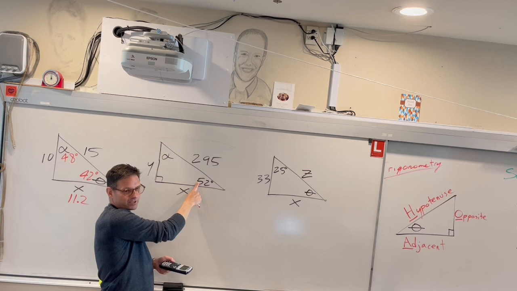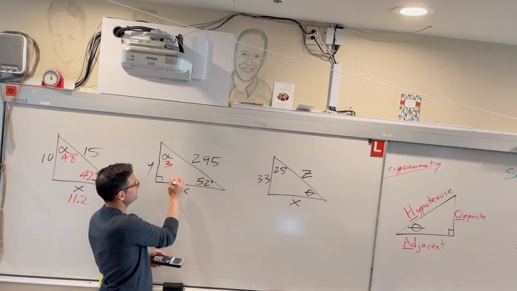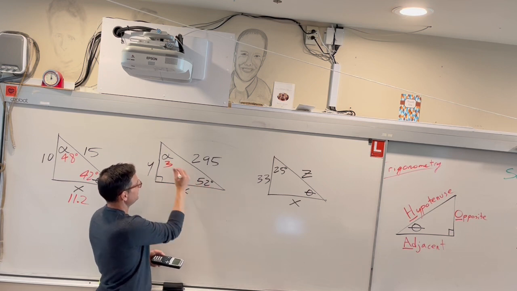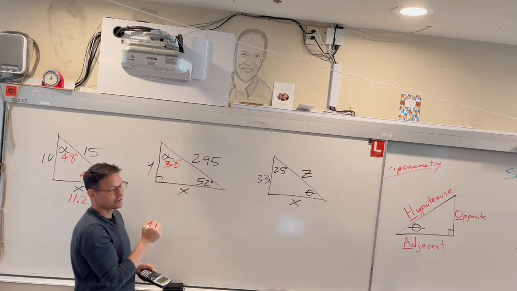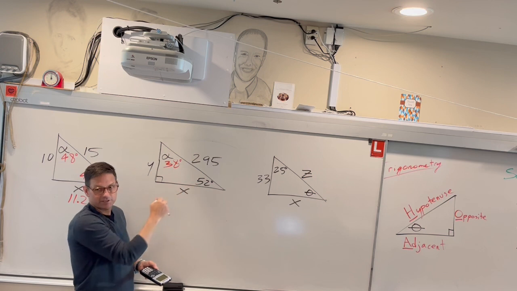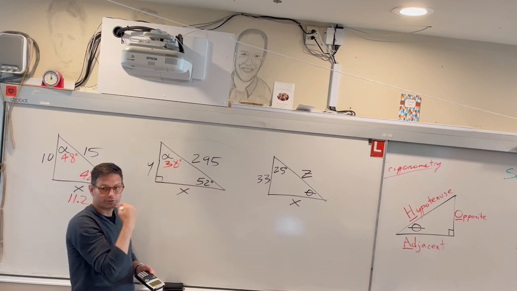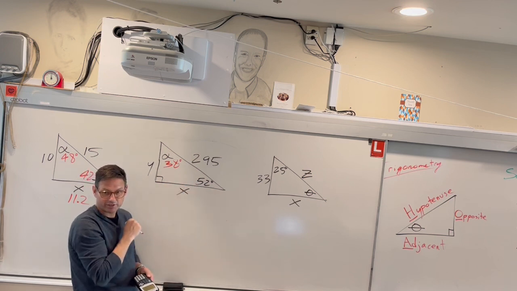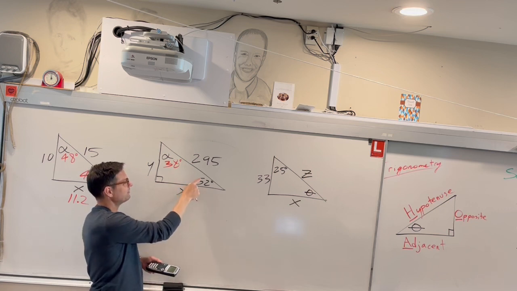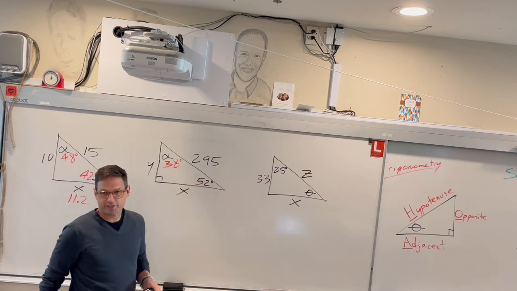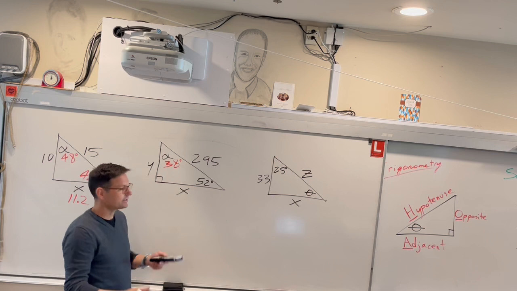So 5 plus what is 8? 3. So this is going to be 30. And then these two have to add to 10, so this is going to be 38, because those two add up to 90, which means all three add up to 180. So actually, if you have one angle, you don't have to do any trig or Pythagoras for the other angle. You just make them add to 90.